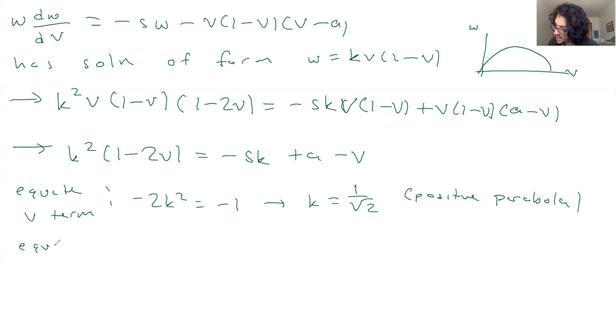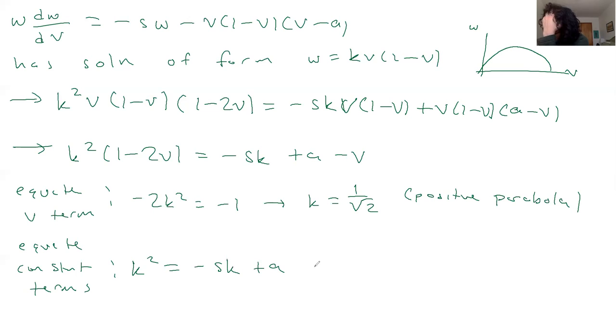If we equate the constant terms, what we get then is that k squared is equal to minus sk plus a. And I know that k squared is equal to 1/2. And so I have minus s over square root of 2 plus a.